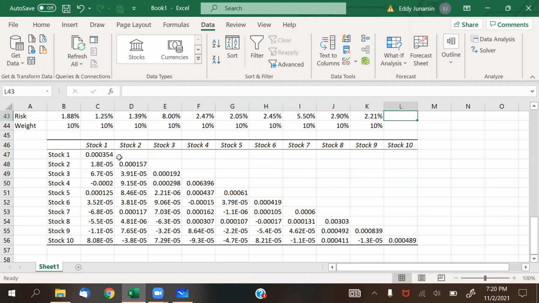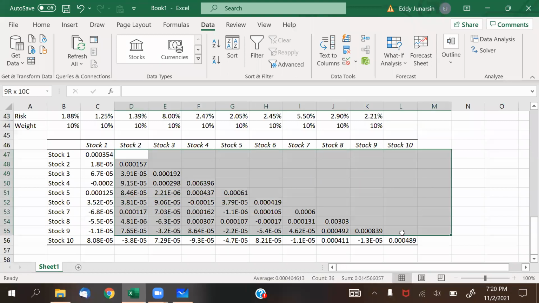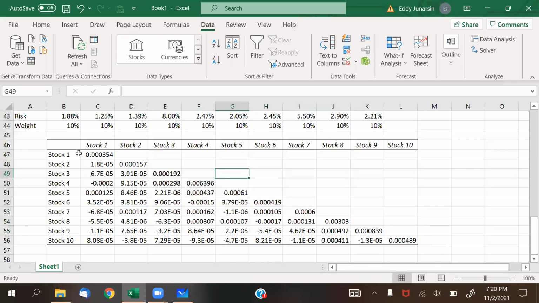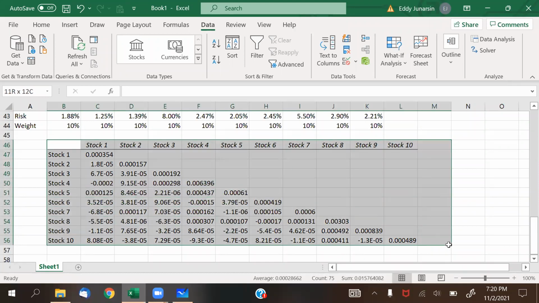The covariance between stock one and stock two would be the same as the covariance between stock two and stock one. In Excel, they don't show it anymore, but we will need the blank spots there. That's why we have to do something with it. So we'll just do the trick. I'll do the trick quickly here. I will do the transpose.